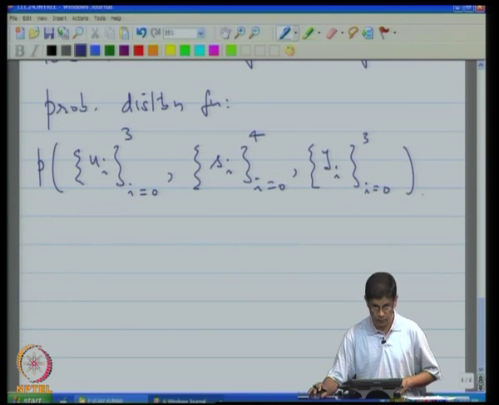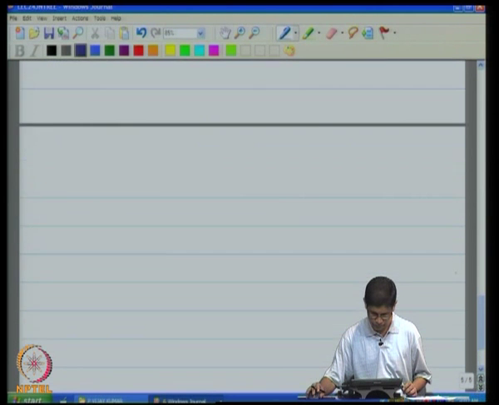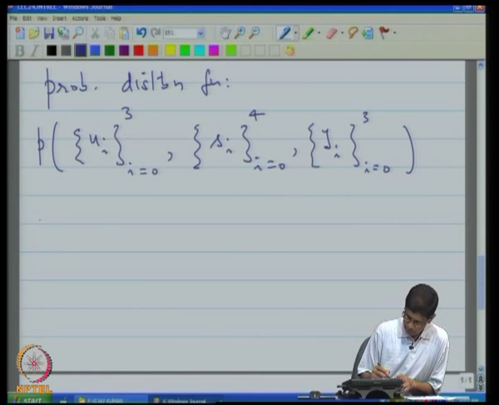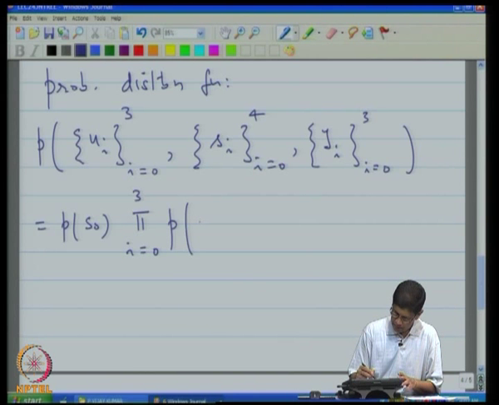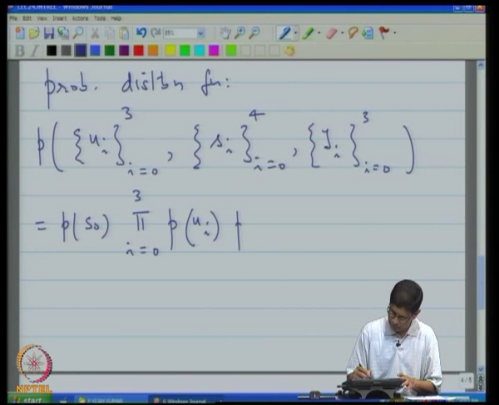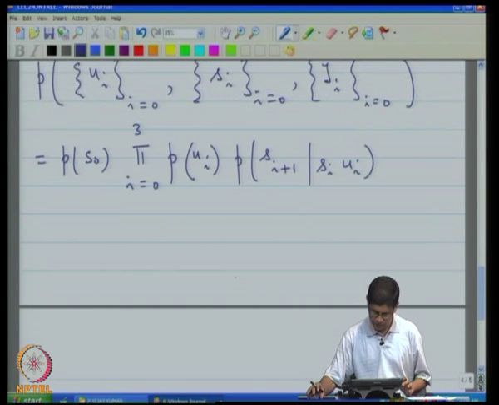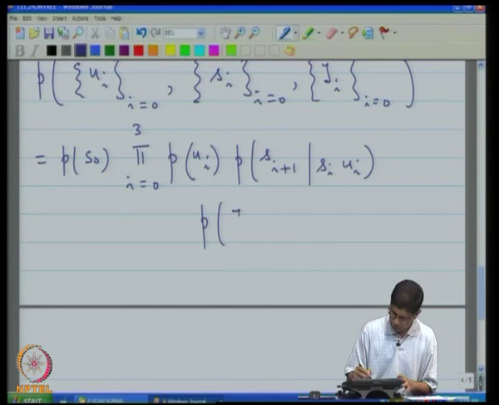The joint distribution function of all of these factors according to P of S0, the product over i = 0 to 3, P of U_i times P of S_{i+1} given S_i, U_i times P of Y_i given S_i, U_i.